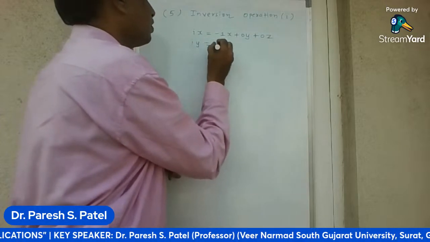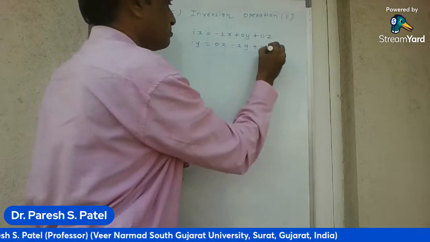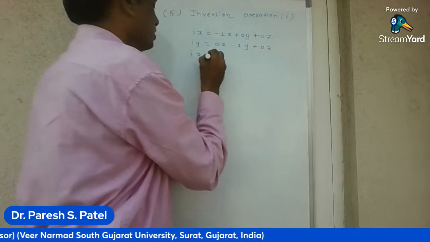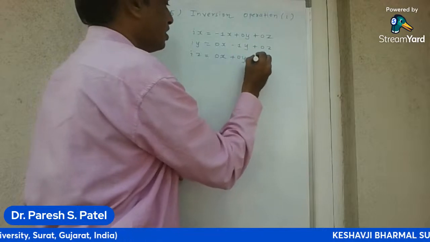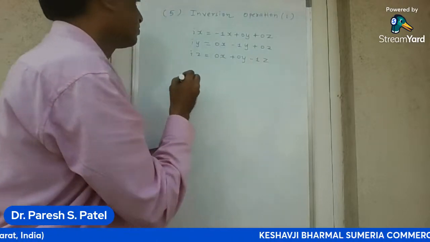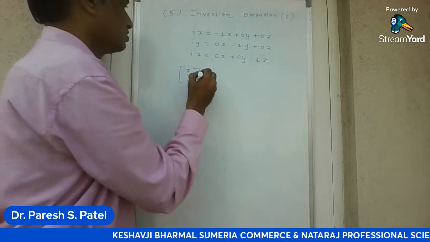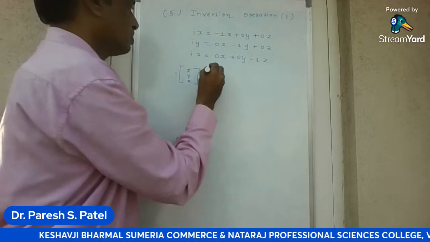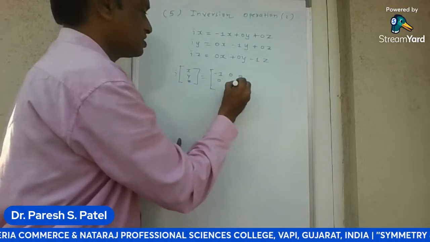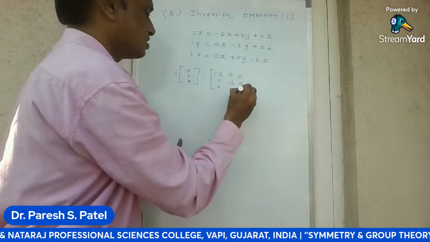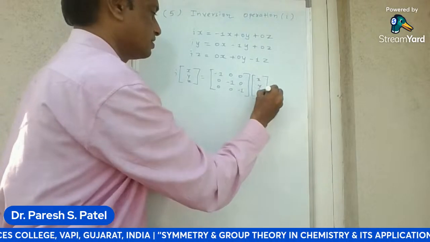Along the y-axis, x becomes 0, y becomes minus y, and z becomes 0. Along the z-axis, x becomes 0, y becomes 0, and z becomes minus z. So x, y, z is equal to minus 1, 0, 0, 0, minus 1, 0, 0, 0, minus 1 times x, y, and z.